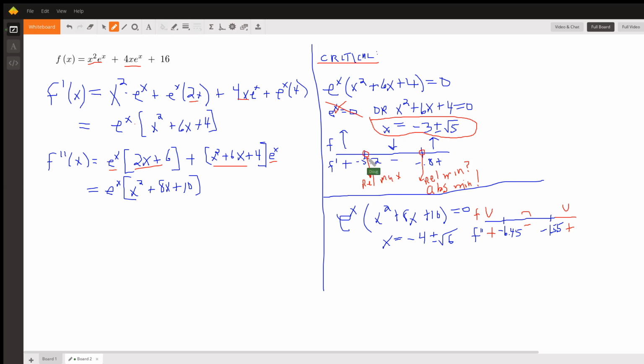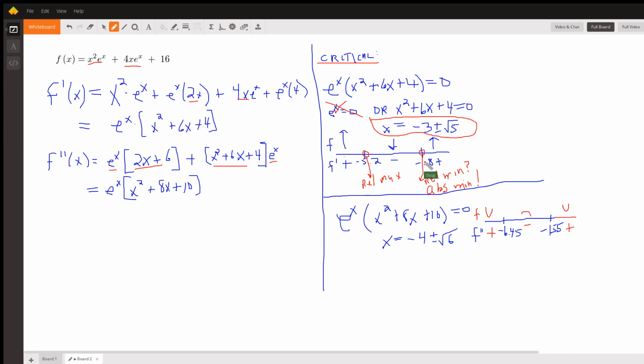And I plug numbers in each interval, like I put a -6 in the first derivative, and determine that I'll get a positive result for all numbers to the left of -3 minus the square root of 5. So the original function is increasing on that interval.